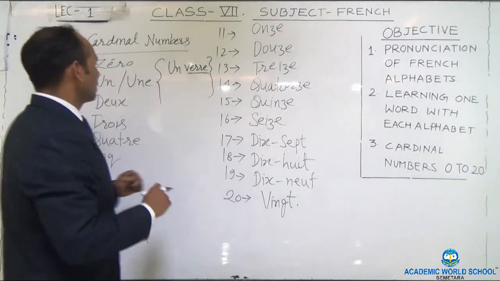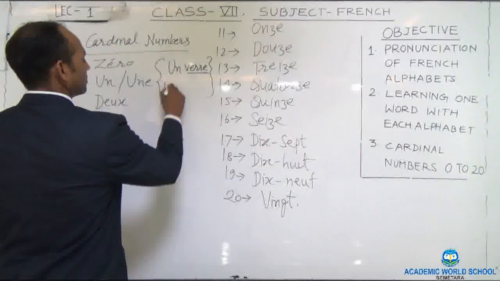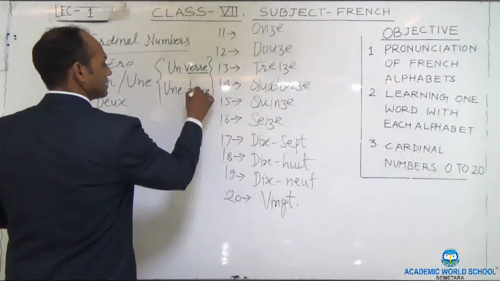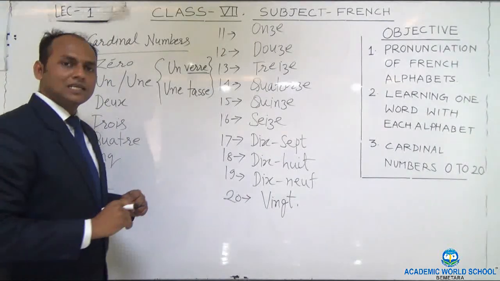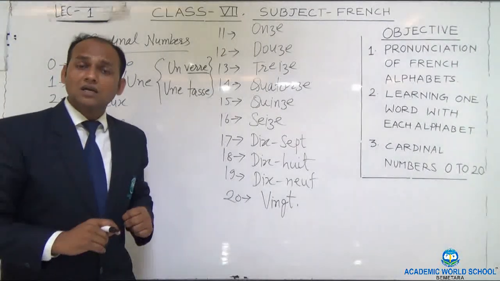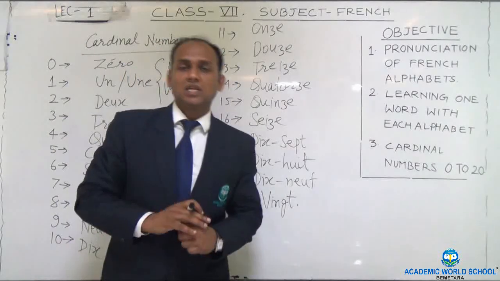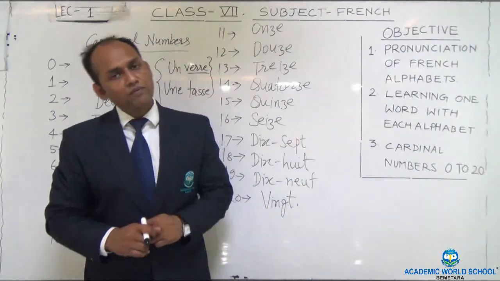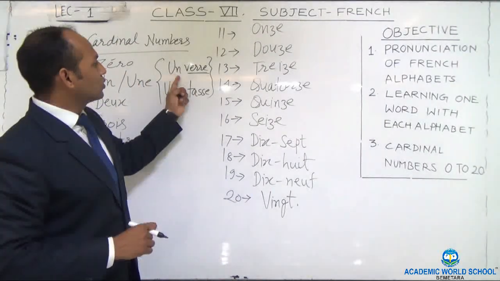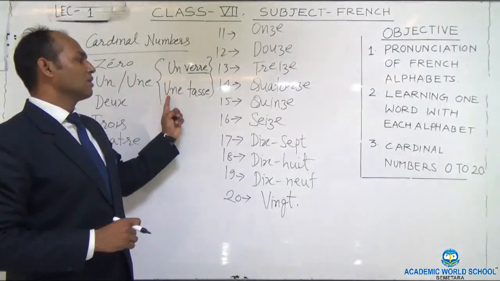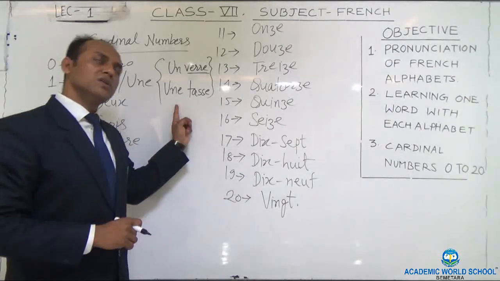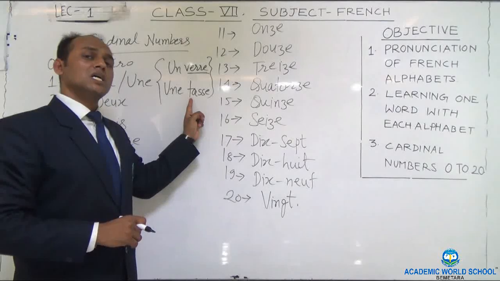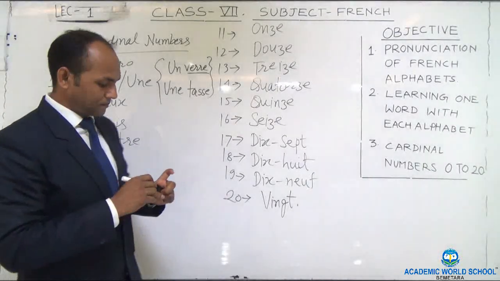Une tasse means a cup. Glass is masculine and cup is feminine. So before masculine we will use un and before feminine we will use une. One glass, one cup. So mind it.